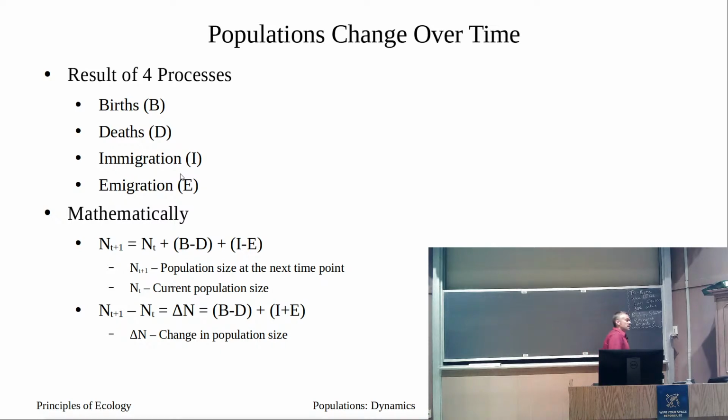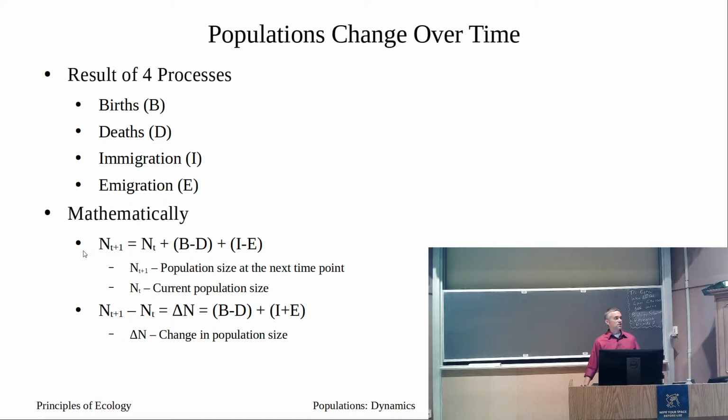We can represent these four processes, their effect on the population, mathematically using this equation. And this is our first population growth equation. So these numbers, these capital letters, actually represent numbers of individuals. So if we look at our population at our next time point, this will be N sub t plus 1.